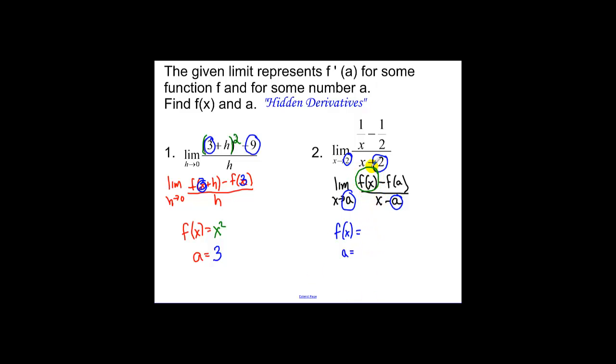Where f of x is in our formula, they give us the function. So it appears to me that the function's 1 over x, and then just double check that your hypothesis, that the 2 and the 2 there, that are both your a, this last piece here, your function value, is evaluated at what you think that function is, and it is, so therefore our a is 2.